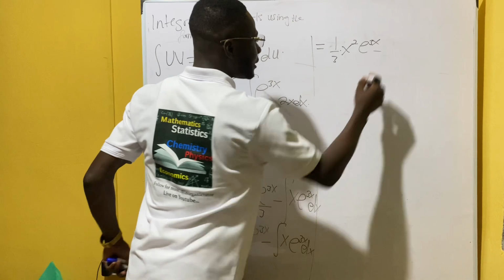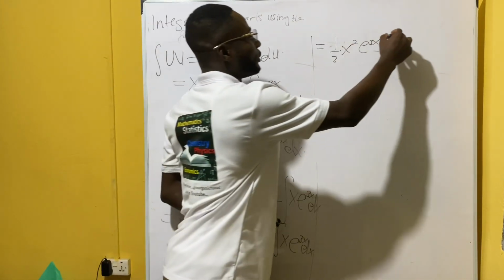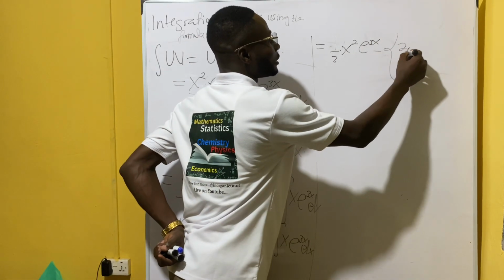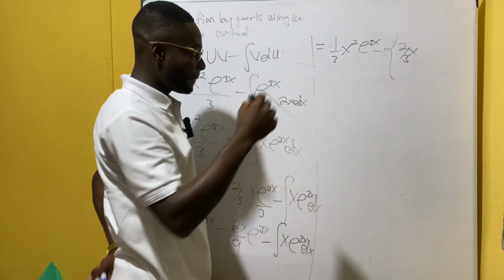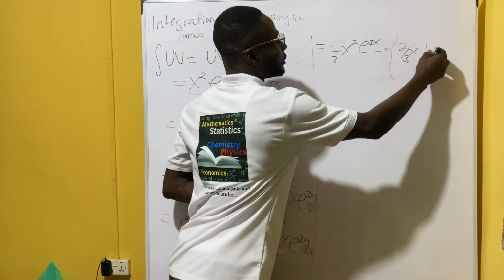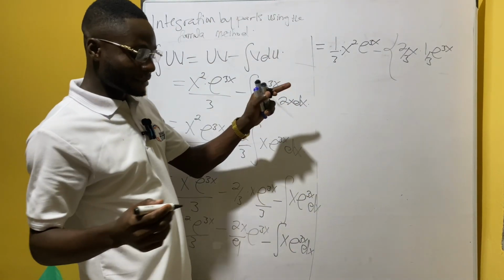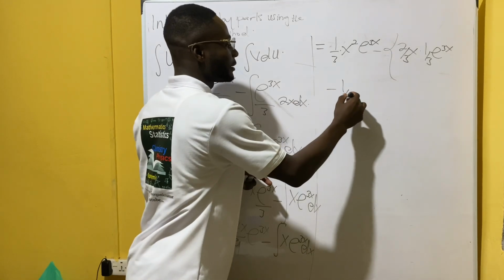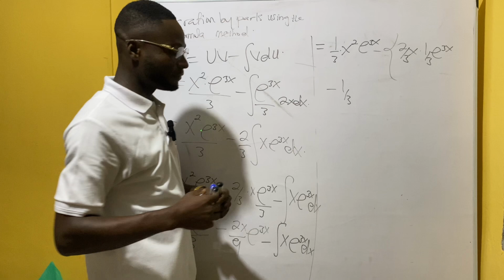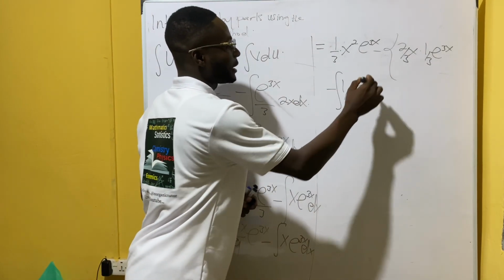Minus, this has to go in a very big bracket, 2 on 3 times x times 1 on 3 e power 3x, then minus the integral of this right here.